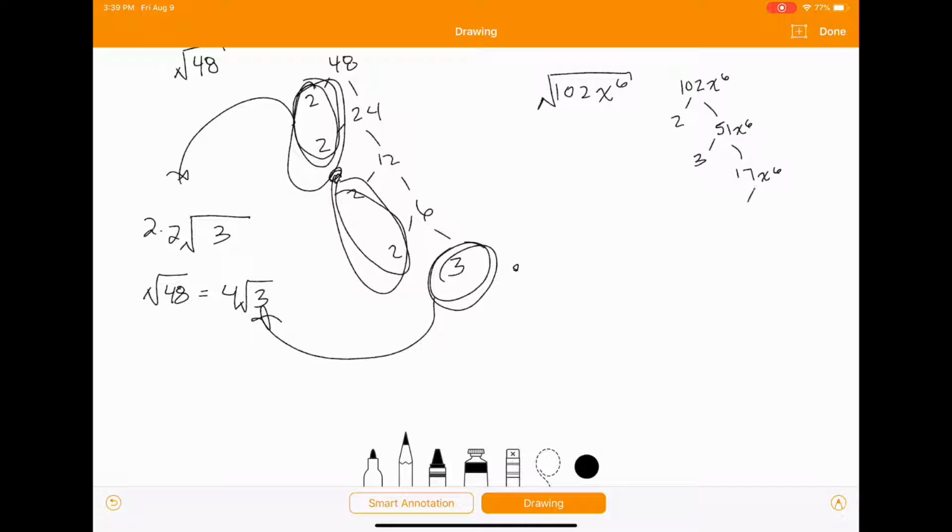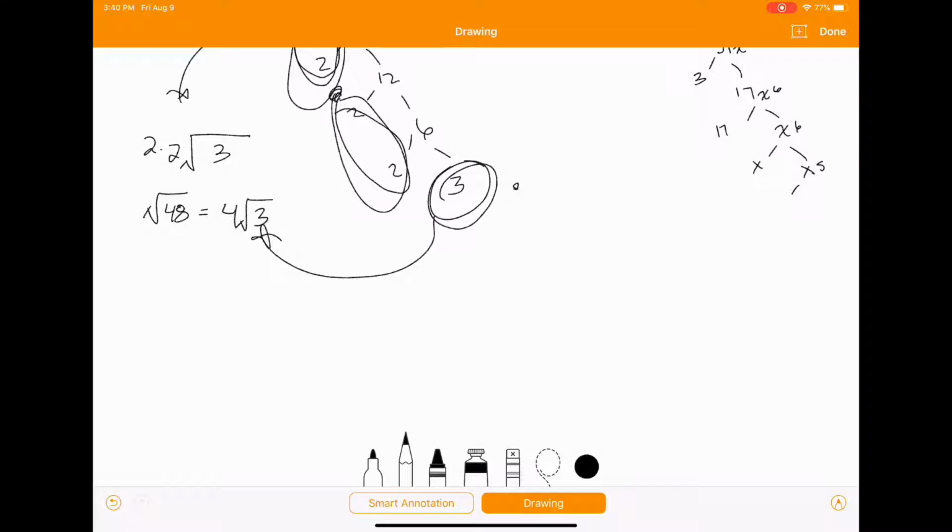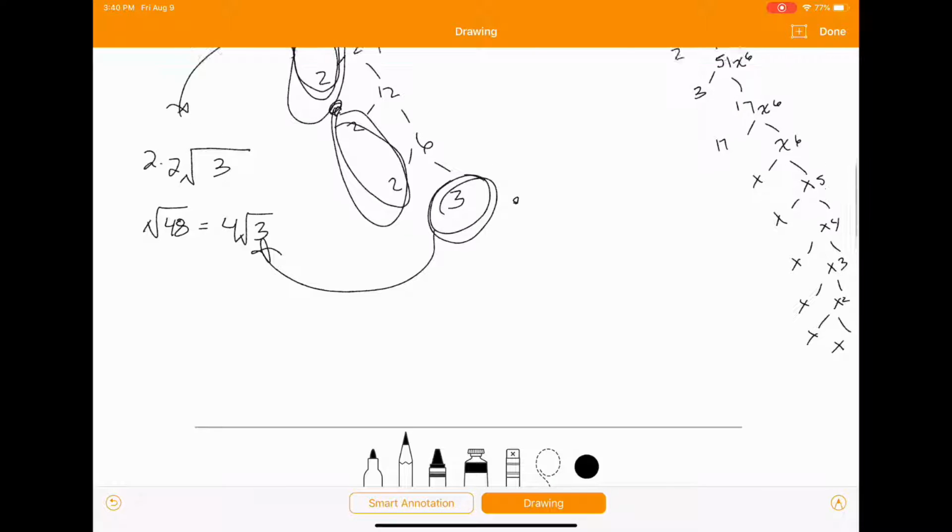So then we're going to have 17, x to the 5th, x to the 4th, x cubed, x squared, x.